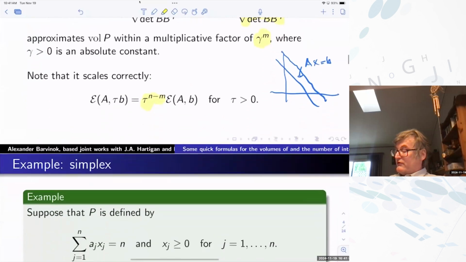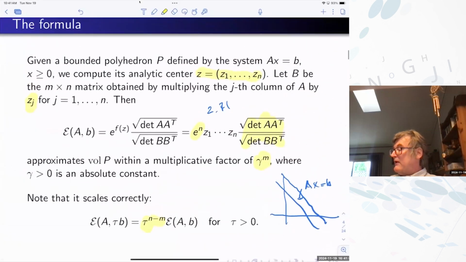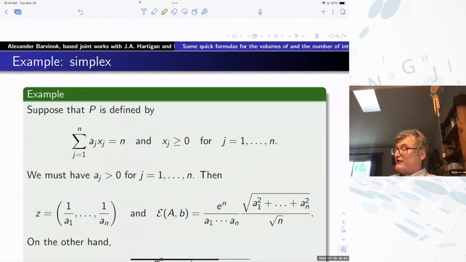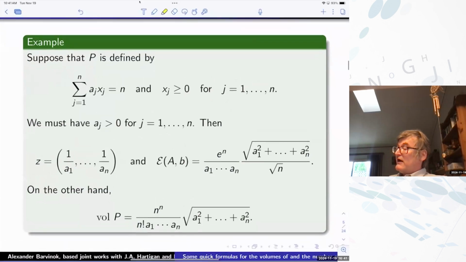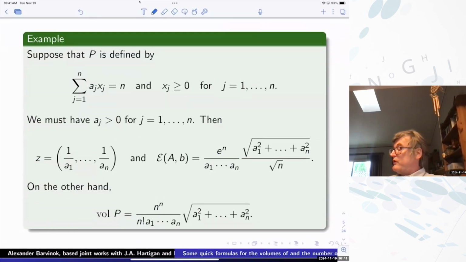So I'd like to, of course, illustrate that it's not completely outlandish. So how does it work for a simplex? For the simplex, we have just one equation, right? And all the coefficients here have to be positive because it has to be bounded.